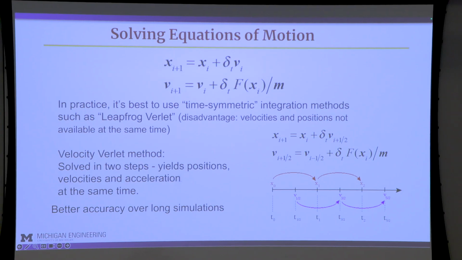There is something that can get even more accurate. So you can see here the velocity Verlet method is solved in 2 steps. What it does is, if you are here, they look half before and half after.